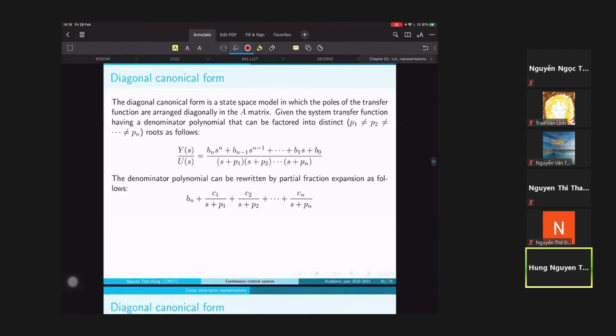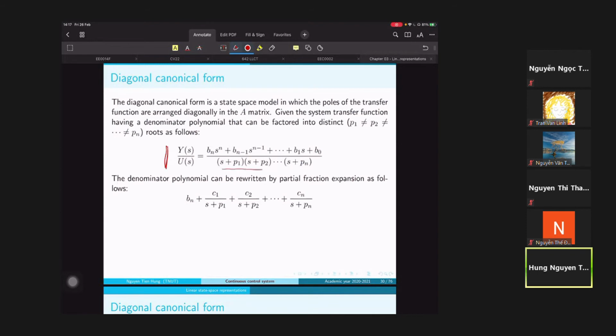The diagonal canonical form is the state space model in which the poles of the transfer function are arranged diagonally in the A matrix. Now we assume a system like this, and we can find the poles.